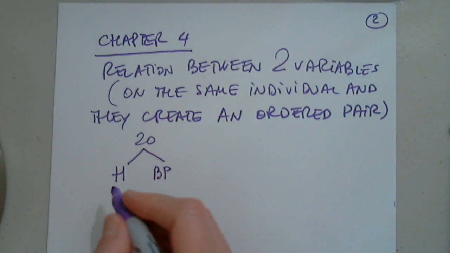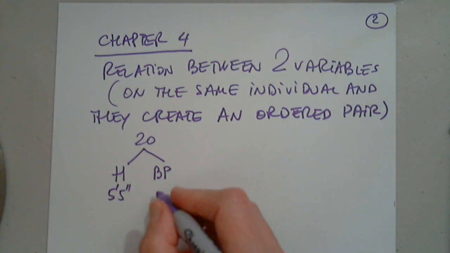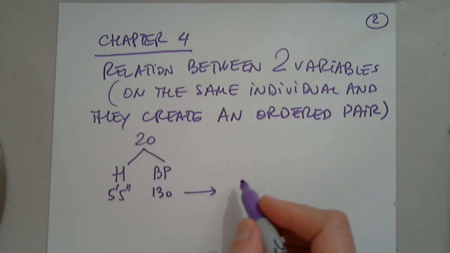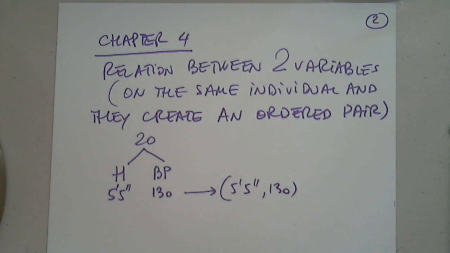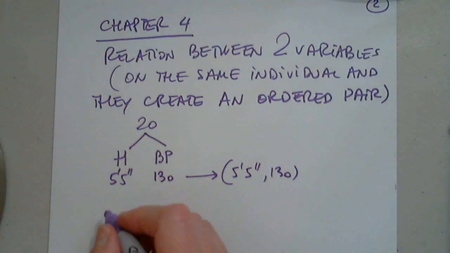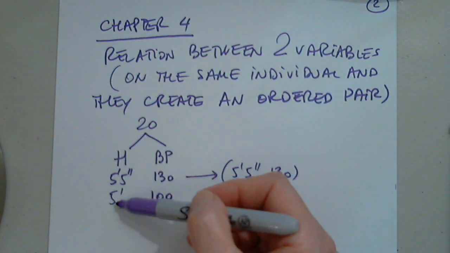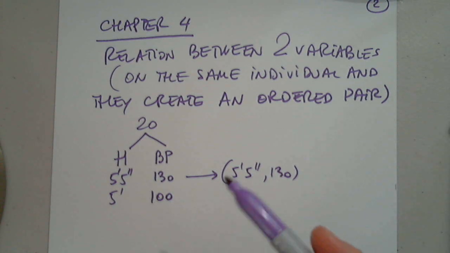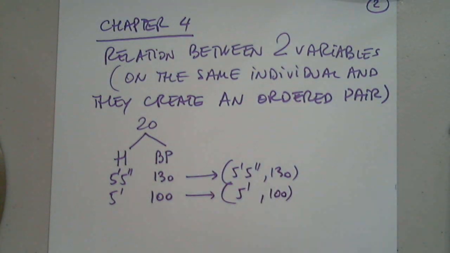Let's say I get one person with 5'5" and blood pressure 130. I create the first ordered pair, 5'5", 130. Then I move on to the next: student number 2 has height of 5 feet and blood pressure 100. So this is the next ordered pair, 5, 100.